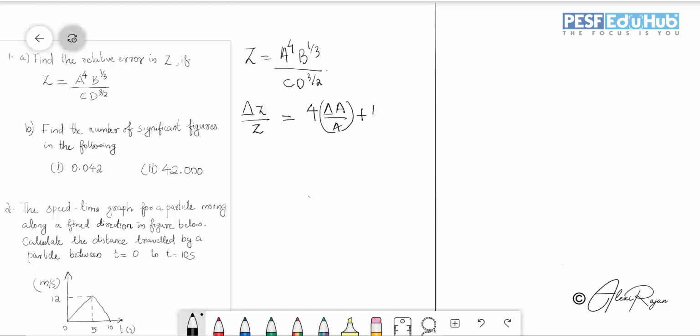The power of b is 1 by 3, so write 1 by 3 into delta b by b. Now the next one is divided by c into d raised to 3 by 2. You may get confused whether, as it is a division, you should subtract. No, don't get confused. It's always plus.